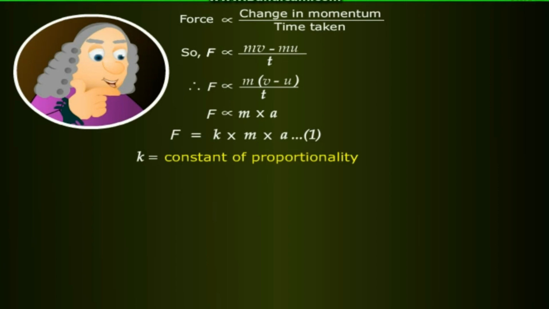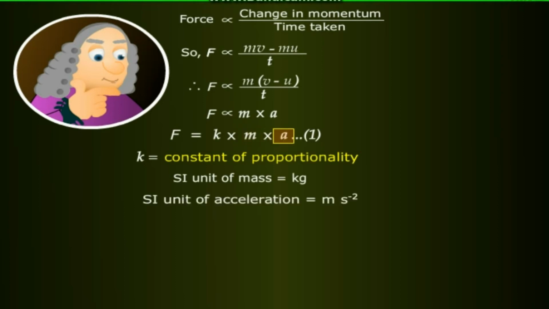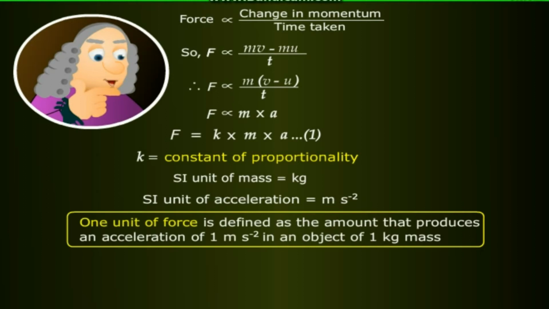We know that SI unit of mass is kilogram, and that of acceleration is meter per second square. The unit of force is so chosen that the value of the constant k becomes 1. For this, 1 unit of force is defined as the amount that produces an acceleration of 1 meter per second square in an object of 1 kilogram mass.